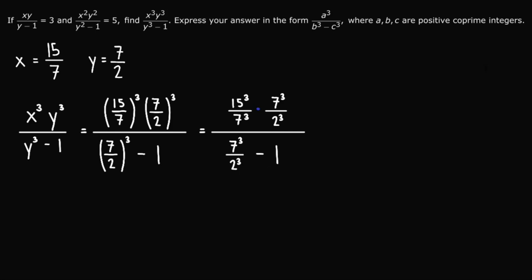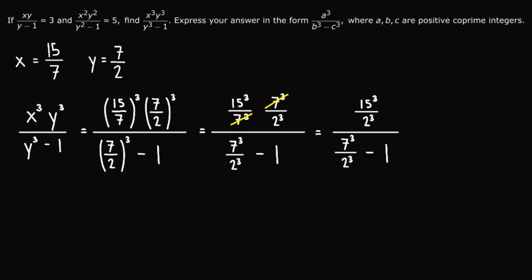Observe here that we can divide out the 7 cubes. So we'll be left with 15 cubed over 2 cubed in the numerator, and in the denominator we have 7 cubed over 2 cubed minus 1. Now we are close to getting our final answer.